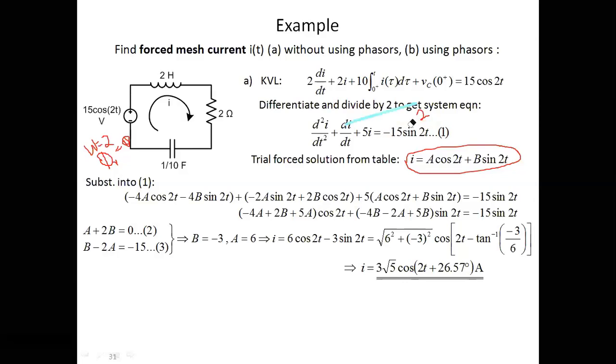We talked about this in some of the teachings we had recently. So I equal to A cos 2t plus B sine 2t, because we have 2t here, there has to be 2t here, and then A cos plus B sine.